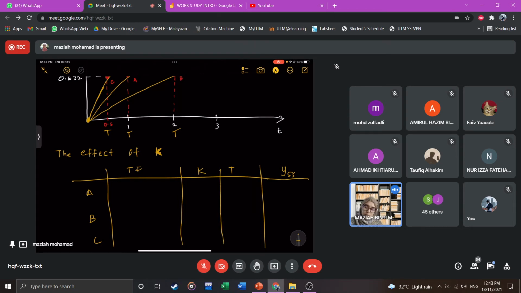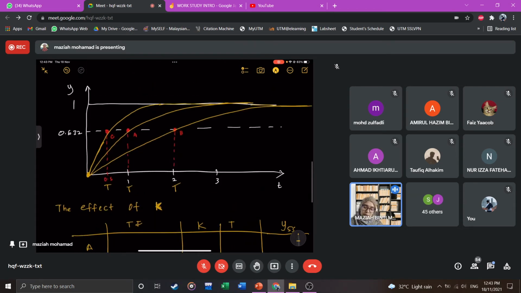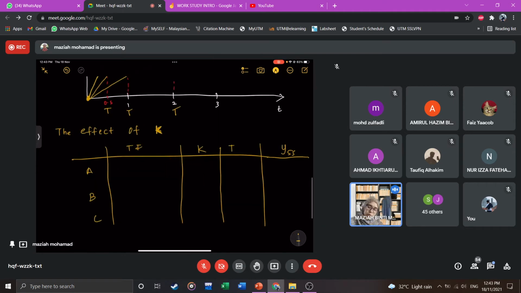In order to illustrate the effect of K, I'm going to choose the same time constant. So here you will have 1 over S plus 1, 2 over S plus 1, and 0.5 over S plus 1.